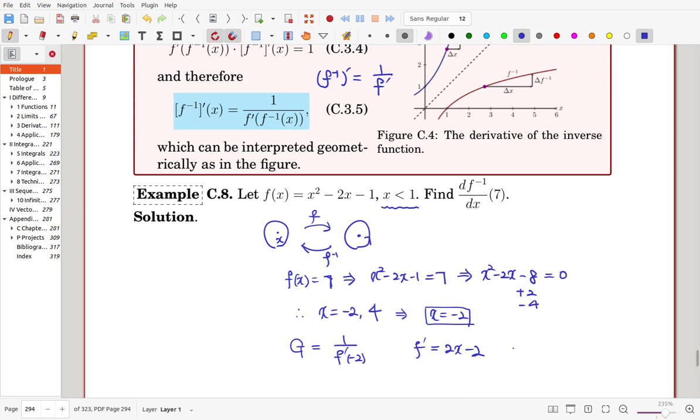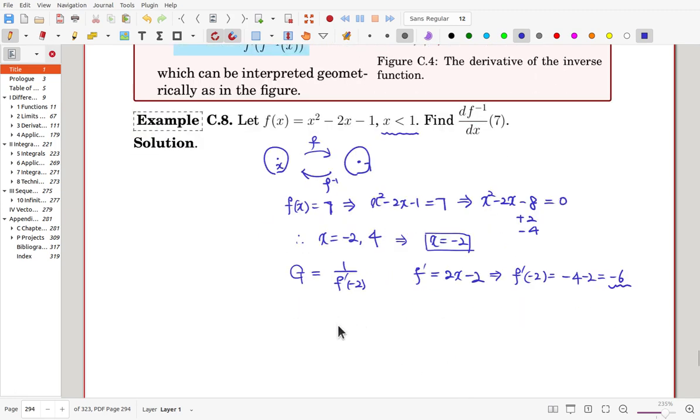So here, f prime at minus 2 is the same as minus 4 minus 2, so that is minus 6, right? So the answer is minus 1 over 6, the reciprocal, as the solution. Minus 1 over 6. Okay, that's the final answer.